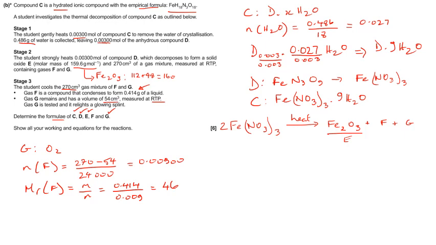That will identify our gas. We know there's nitrogen in there. Let's try nitrogen dioxide, so that's 14 plus 32. That works. So F is nitrogen dioxide. All done, 6 marks.